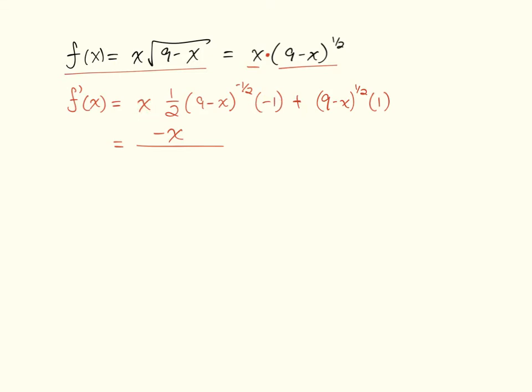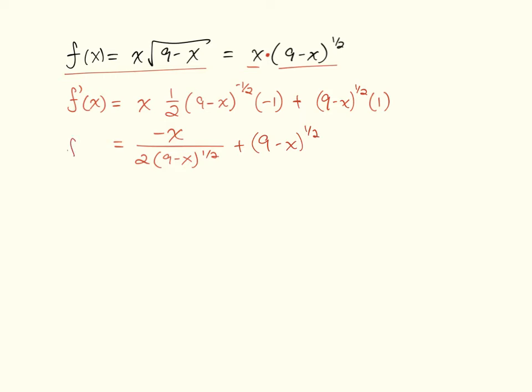And that will all be over 2 times (9 minus x) to the 1/2 power. That -1/2 power up here tells us to flip it to the other side of the fraction, change the exponent to a positive number. And then over here on the right side, there's a (9 minus x) to the 1/2 power.